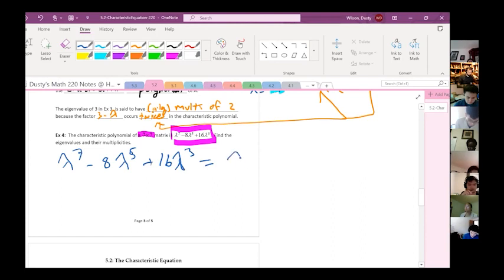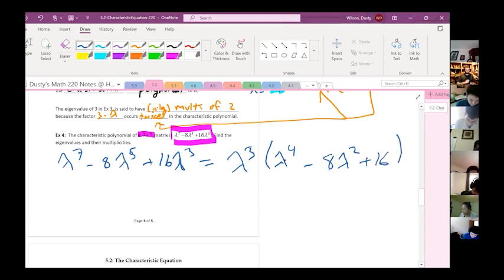So a common factor of lambda cubed, and then I'm left with lambda to the 4th minus 8 lambda squared plus 16. This is a quadratic in disguise. So this is like a squared minus 8a plus 16.